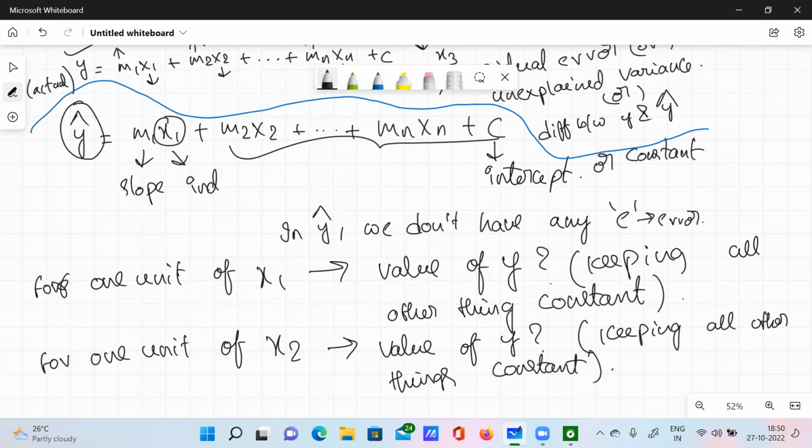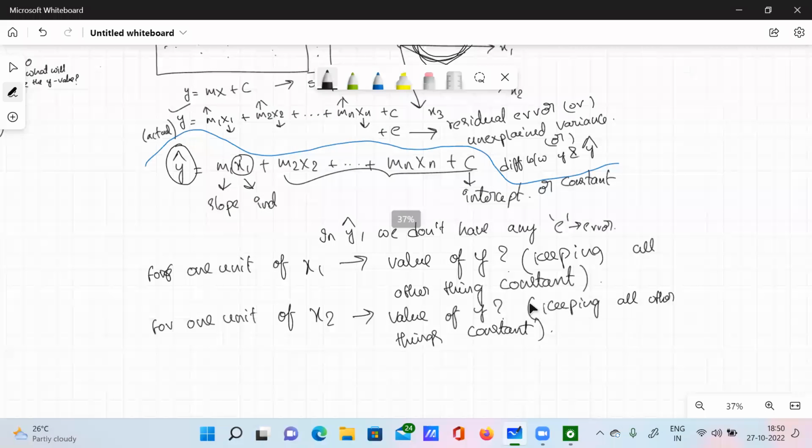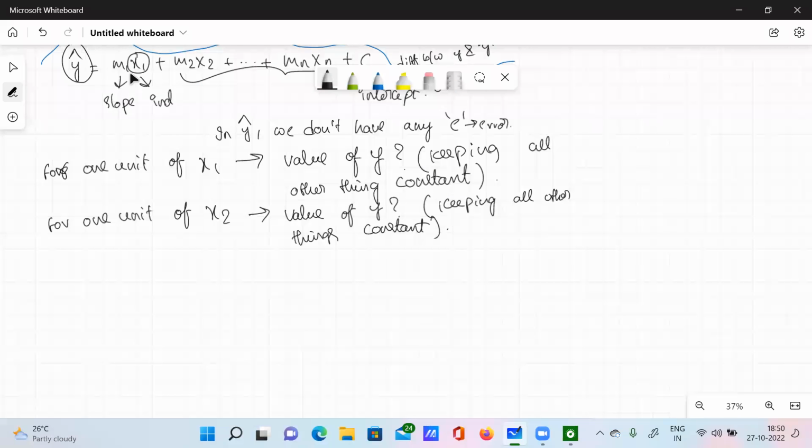So this is about multiple linear regression. Why? Because we have multiple independent variables, that is x1, x2, and so on, xn, right?